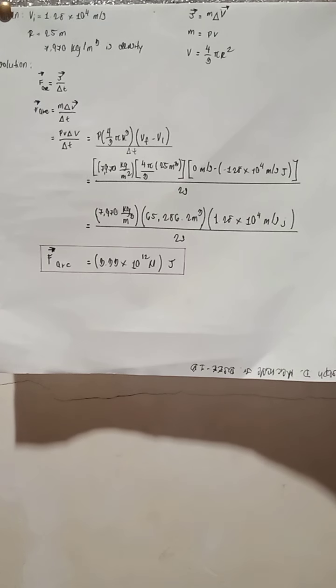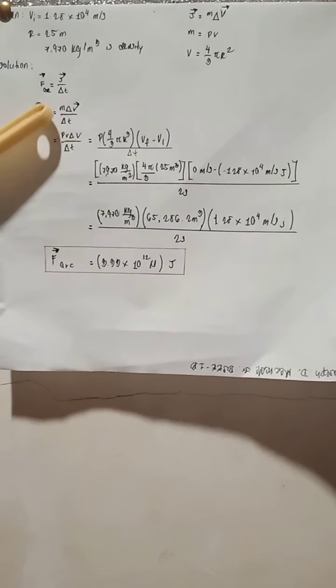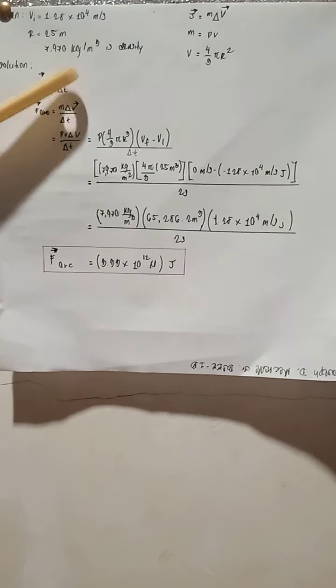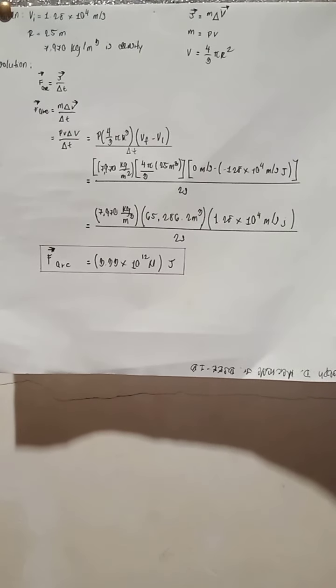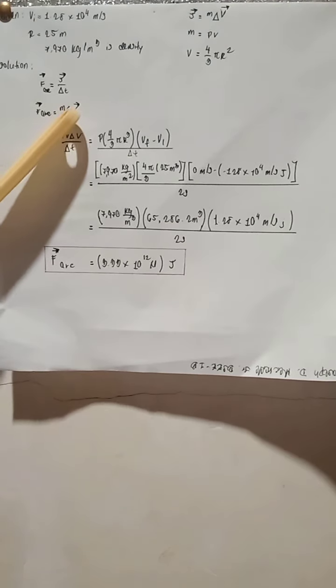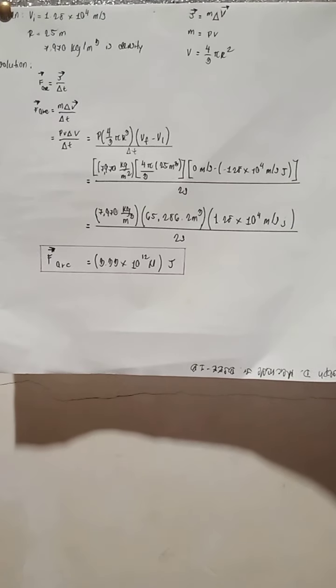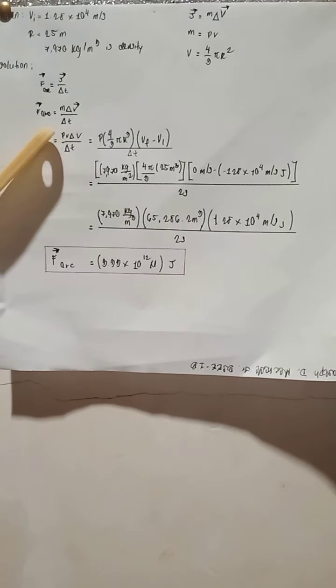Solution: the average force during the impact is related to the impulse by average force is equal to J over delta t. From equation 9.6, J is equal to m delta v. So we have the average force is equal to m delta v over delta t.